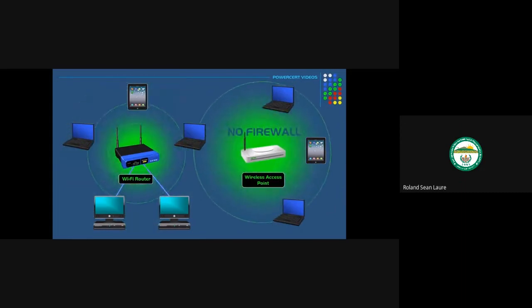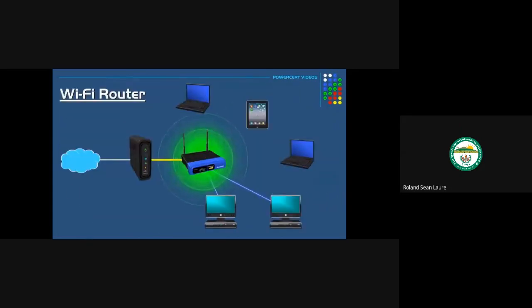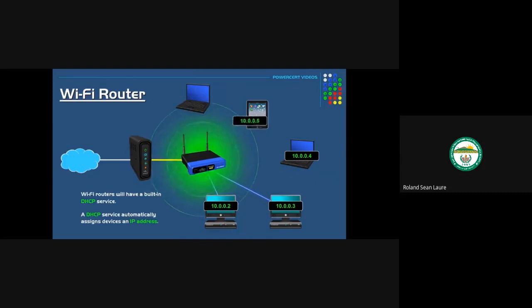Another difference is a firewall. Wireless access points don't have a firewall, while Wi-Fi routers will have a firewall. Wi-Fi routers will also have a built-in DHCP service. A DHCP service is what automatically assigns IP addresses to devices that are connected to it. So when devices connect to a Wi-Fi router, its built-in DHCP service will directly assign those devices an IP address.